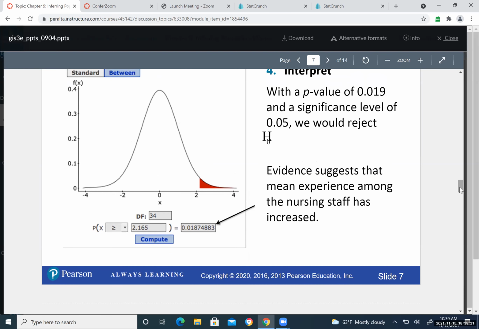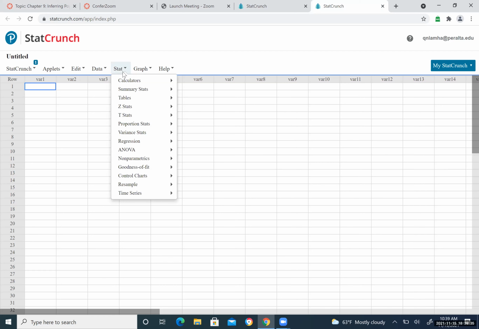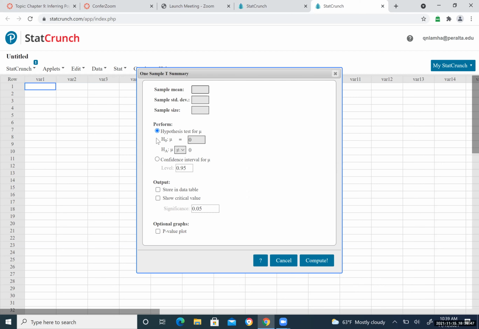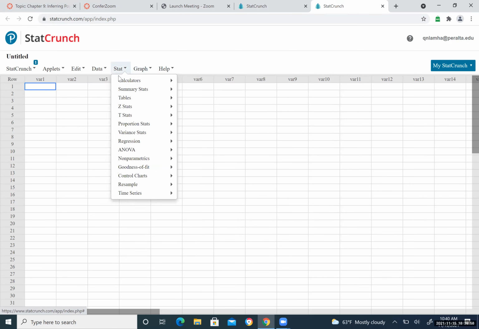So in order to run this, I will demonstrate it for you. Okay, I'll go to StatCrunch. I remember this value. I go to Stat. That's the first step. You go to T stat, not T. Go to one sample with summary. Oh, this is how to run StatCrunch right away. Otherwise, maybe I'm using, because I'm using the by-hand method for that step. So hold on for this one. Go to Stat. You go to Calculators.